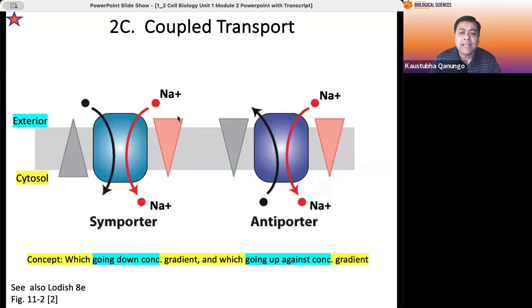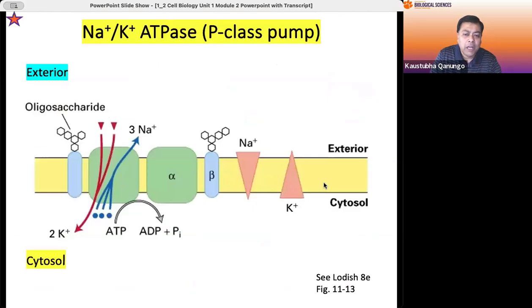Who made that sodium gradient? If you go all the way back to right here, the sodium potassium pump, all the sodium that is coming in through the symport or antiport, the sodium potassium pump is essentially taking these 3 sodium outside to maintain the sodium gradient and also the potassium gradient for other purposes. The sodium gradient is maintained.